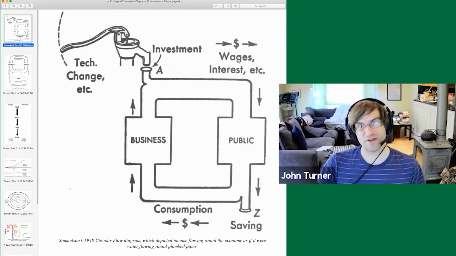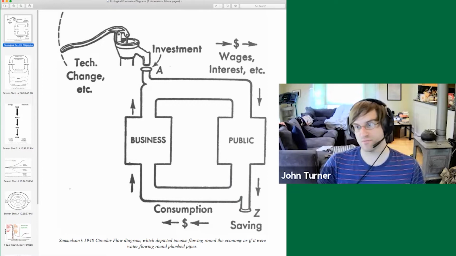These values, wages, interest, etc., accrue for the public. The public saves some of that money, and the rest goes into consumption. So you buy a meal at a restaurant, a theater ticket, your Spotify subscription, Netflix, whatever. All of that is consumption here.